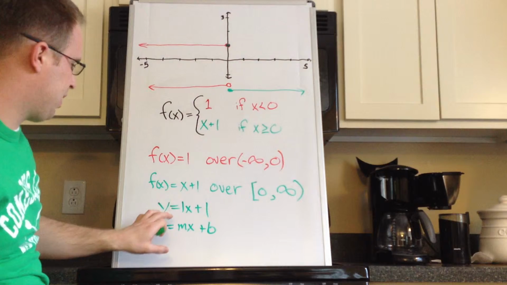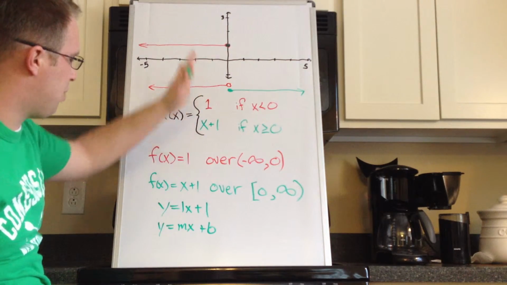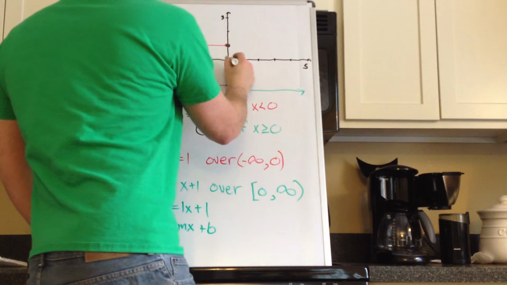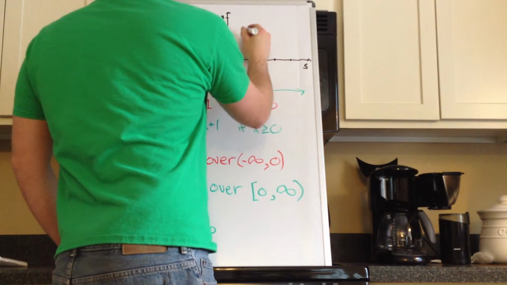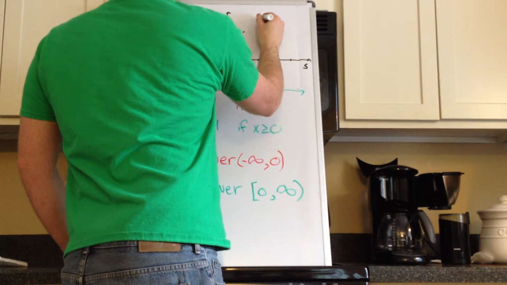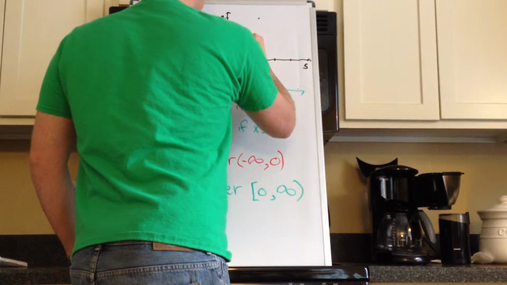And then we have a line that's going to go up 1 over 1, up 1 over 1 with a slope of 1. So we'll go from 0, 1 up to 1, 2, then up to 2, 3, and it'll keep going like that forever.